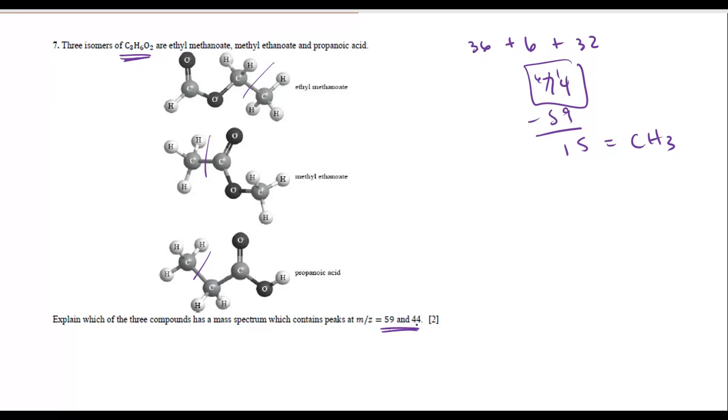But what about this 44? So if we do 74 minus 44, I have a mass of 30, which could be 2 methyl groups. Is there anything with 2 methyl groups? You might be tempted to say, well, yes, they all have 2 methyl groups. 1, 2. But this guy only has 2 hydrogens, not 3.